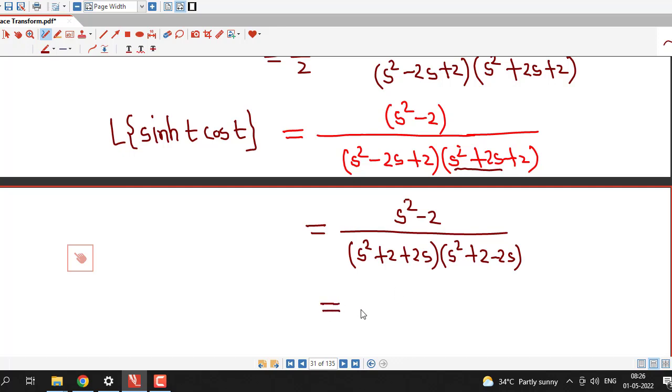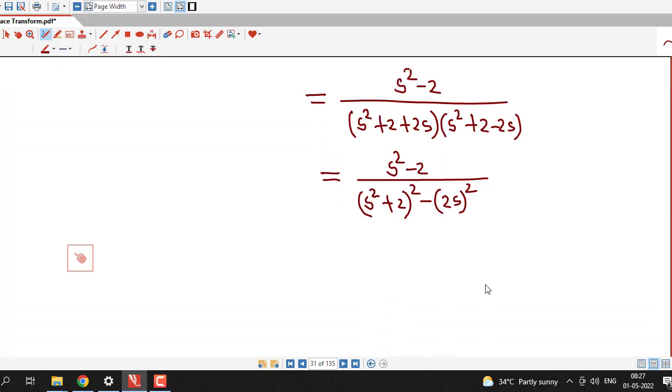So we can further simplify if we wish. This is going to be square of s square plus 2 minus square of 2s, using the formula of a plus b times a minus b, and this is s square minus 2.